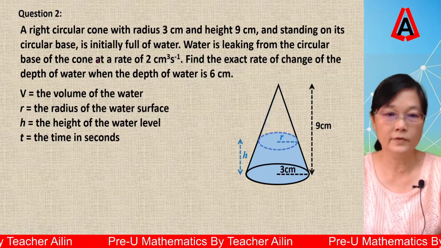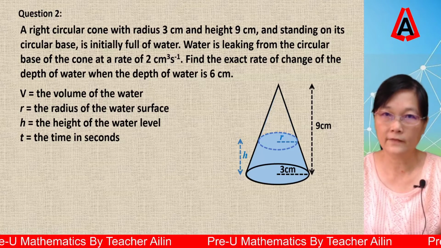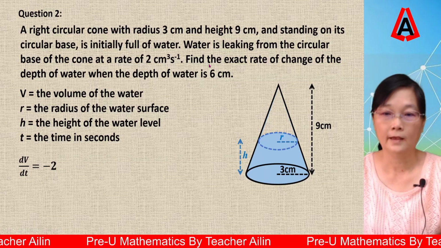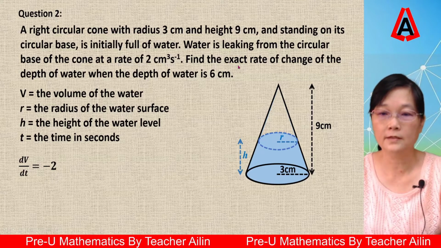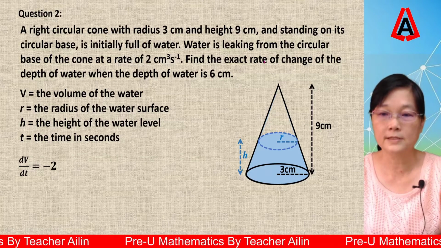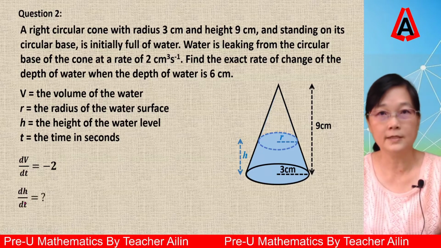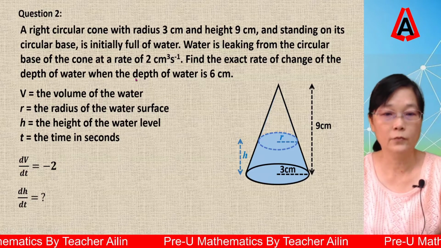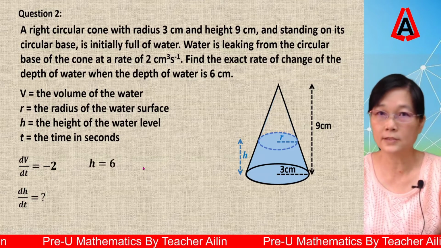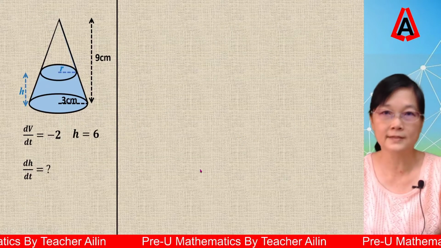So, this is dV/dt, and since water is leaking out, it is a negative value. So dV/dt is negative 2. And we are going to find the rate of change of the depth of the water, so this is dh/dt, when the depth of water is 6 cm, where h is equal to 6.